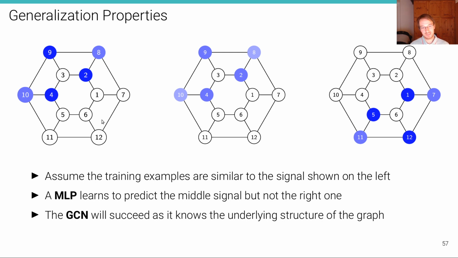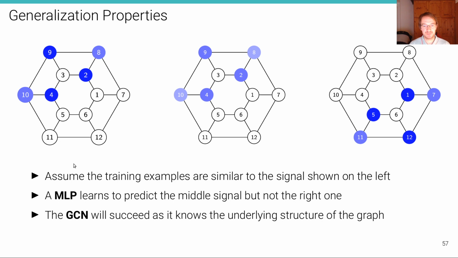Now an MLP would learn to predict signals that look like the middle signal rather correctly. But if I have just training examples that look like this one, it's impossible to generalize to a signal here on the right. So the prediction, if this would be the input to the MLP at test time, if at training time I have only observed examples that look like these, is likely to be very bad.